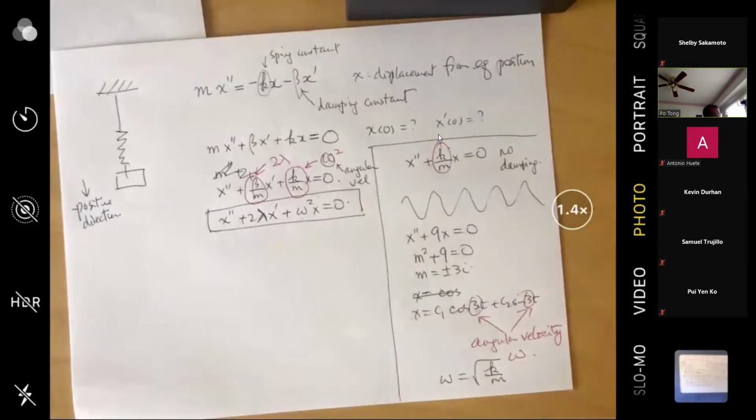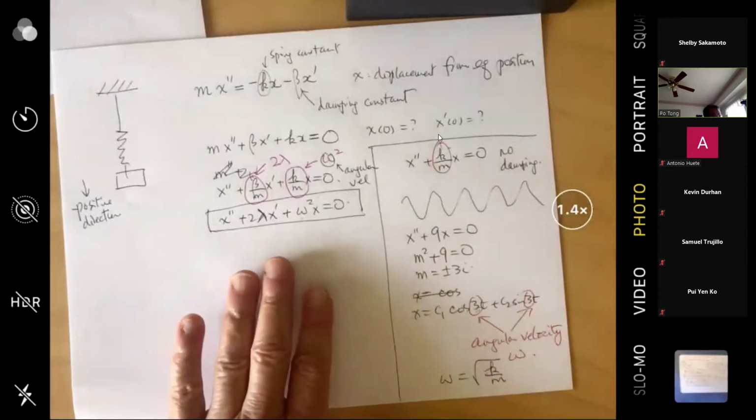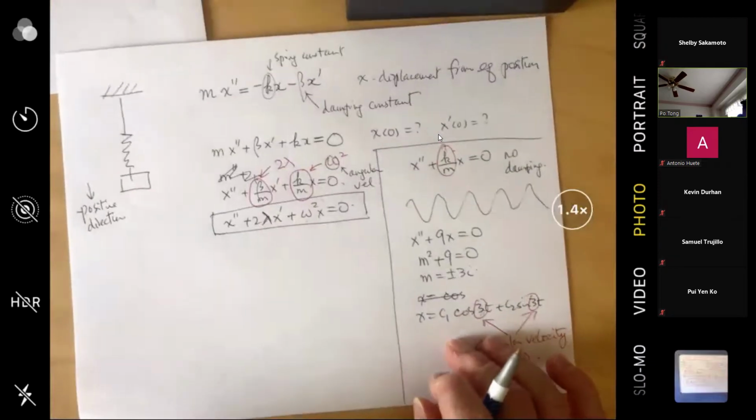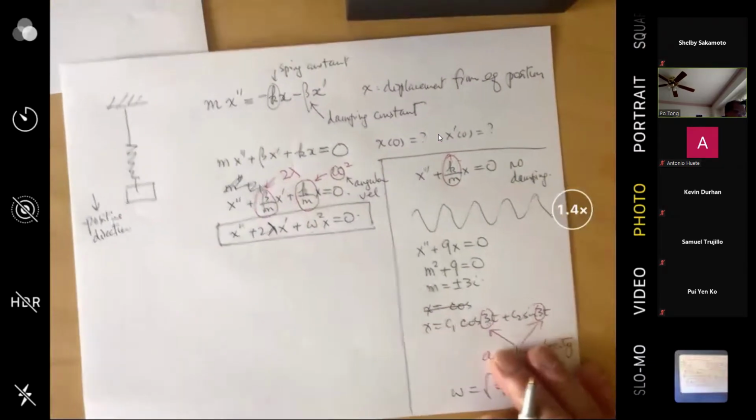The other one is I just continue to operate with these symbols. What do you like? Symbols or numbers? I'm a fan of symbols. Since no other people are responding, we're going to do symbols.